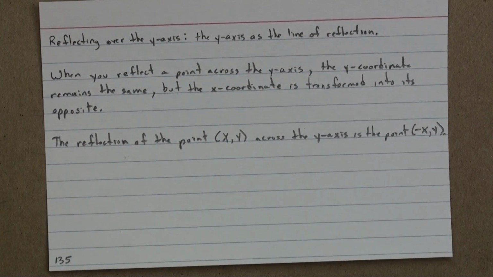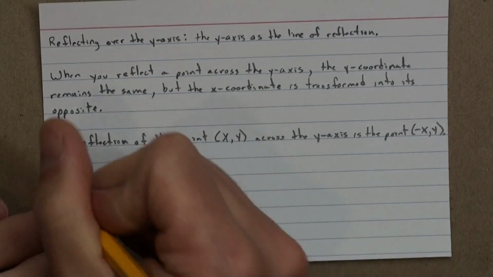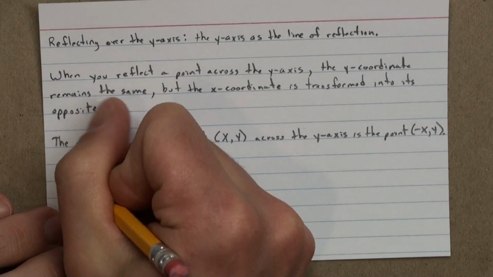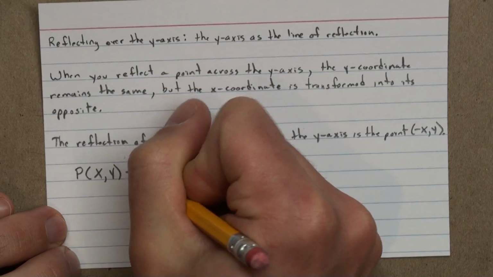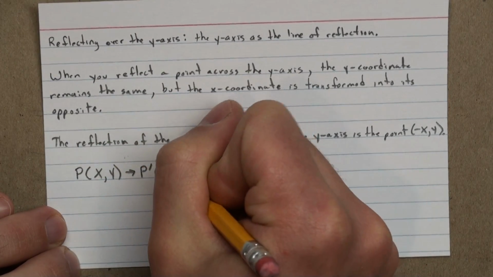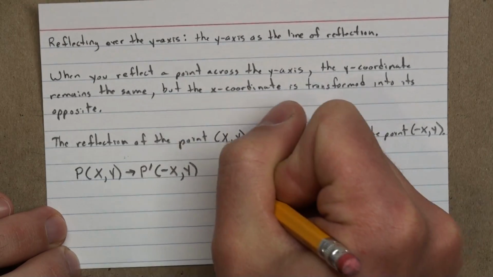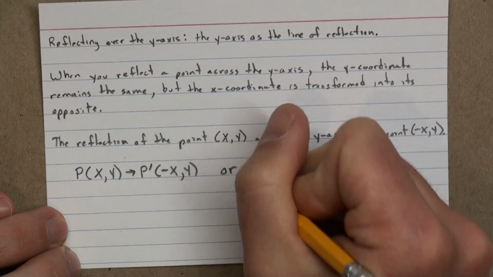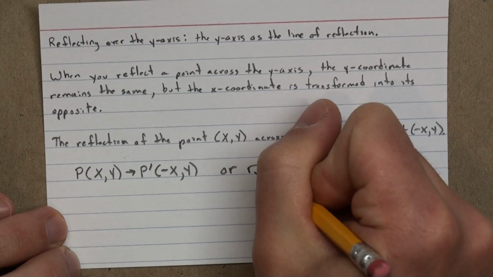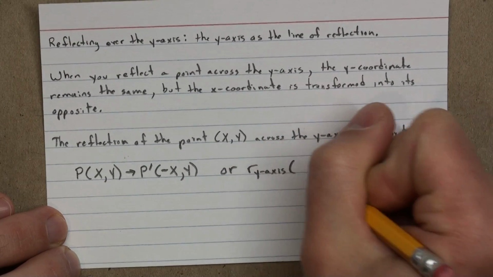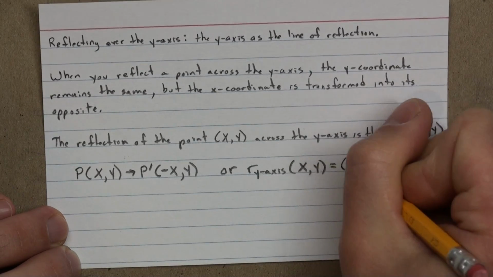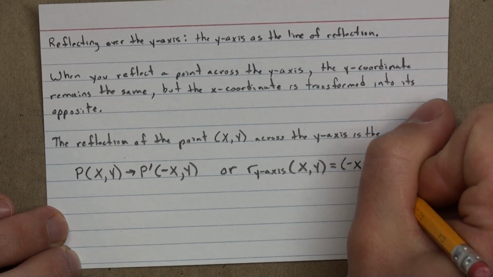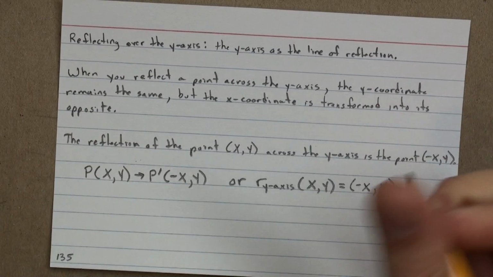Okay. And we write that as P of x comma y goes to P prime negative x comma y, or reflection in the y-axis of x comma y equals negative x comma y.